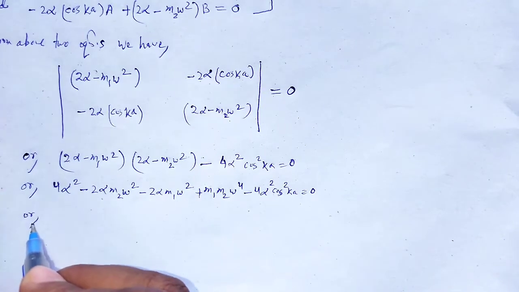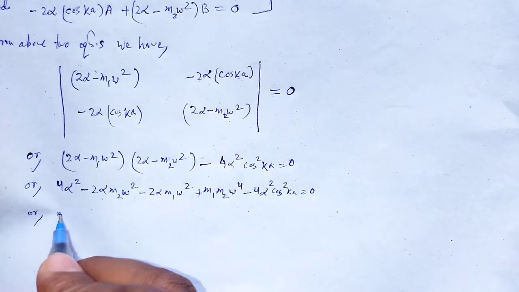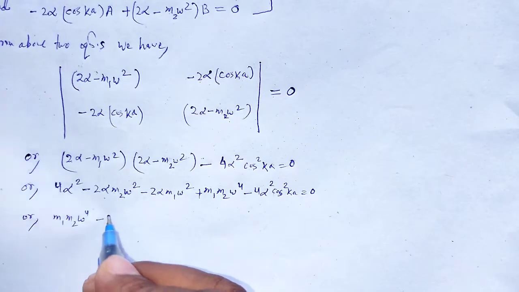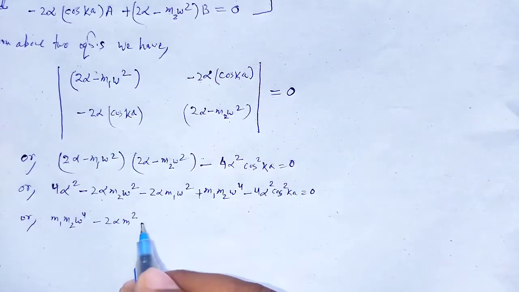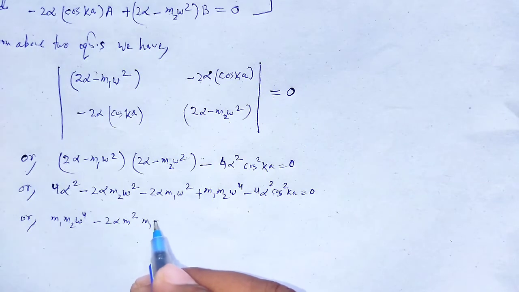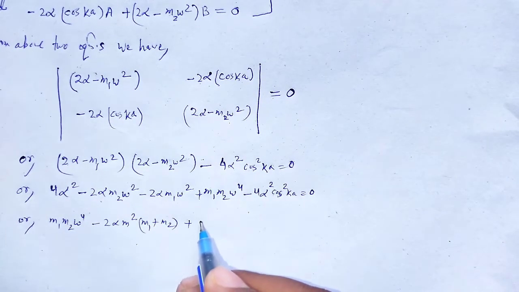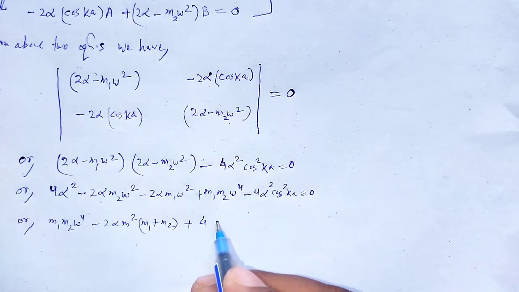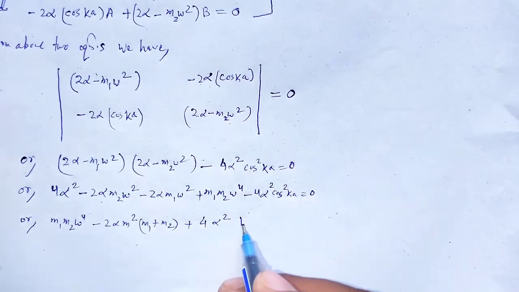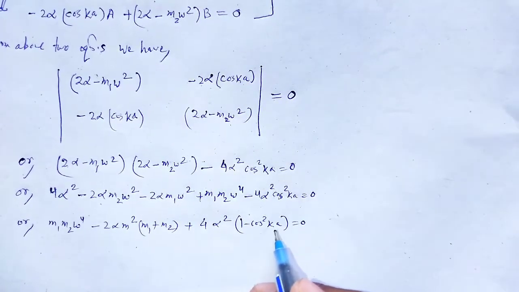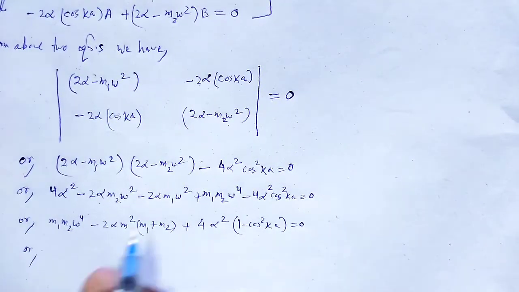Rearranging the terms: m1 m2 omega fourth minus 2 alpha omega square (m1 plus m2) plus 4 alpha square (1 minus cos square ka) is equal to 0.